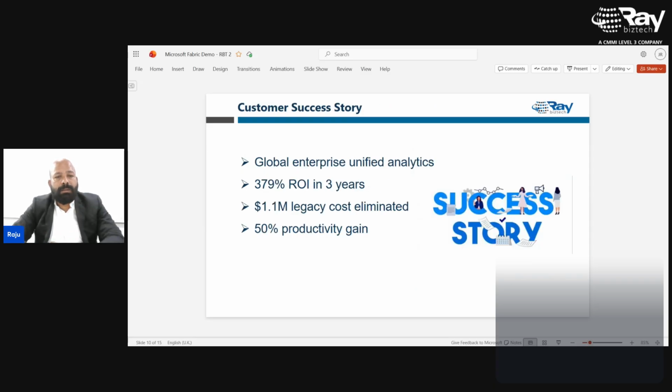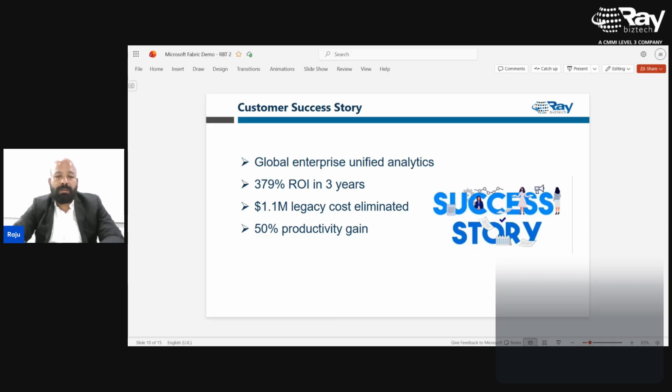Already, many customers have moved on to unified analytics, Microsoft Fabric. As per the Forrester report, there is 379% ROI in 3 years. This is not a predictable number. It is a real number with a real business use case.